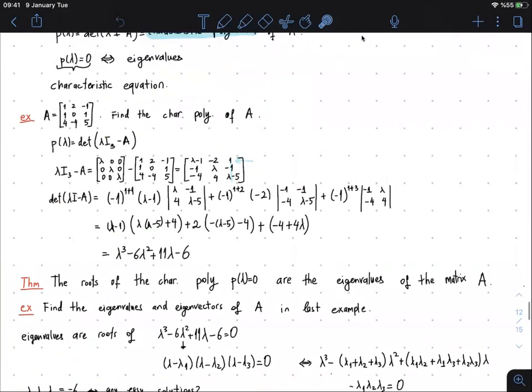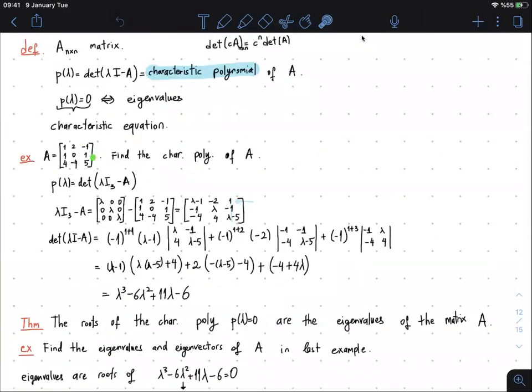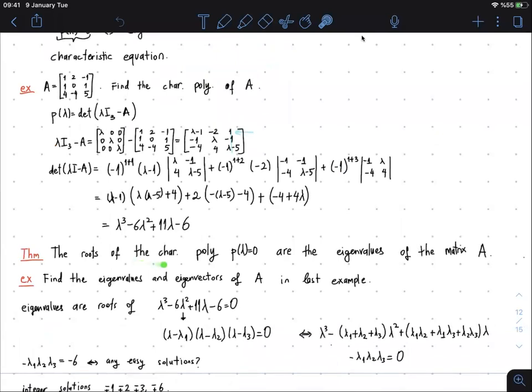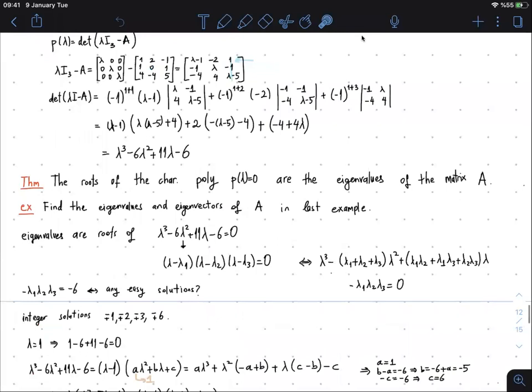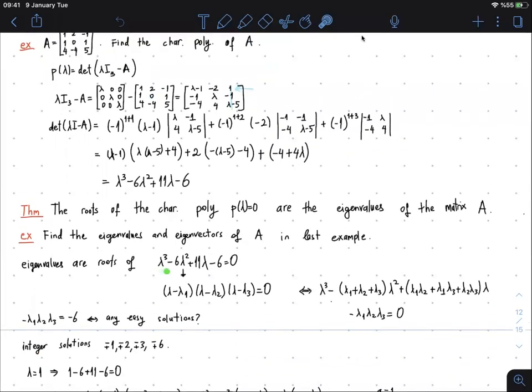This is normal because if I take this determinant, in general, if this is an n by n matrix, the result will be a polynomial of degree n, okay? So the roots of the characteristic polynomial are the eigenvalues of the matrix. That's good. So if we go back to this example, we have this polynomial.